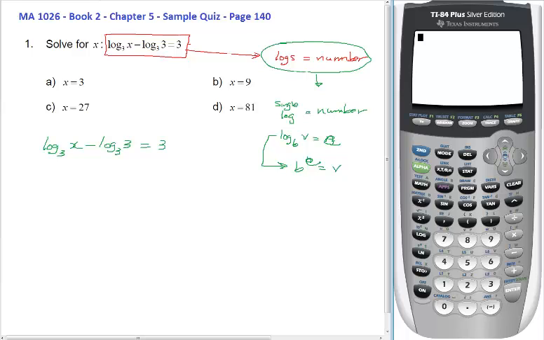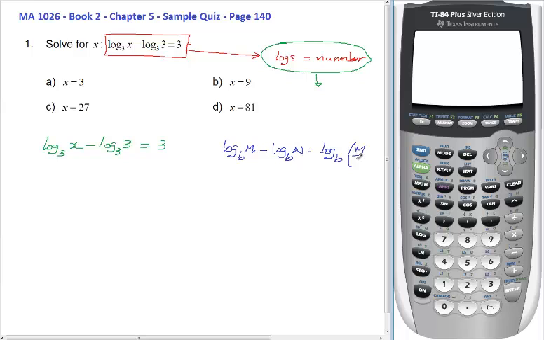Alright, let me just get rid of that. First step here is going to be what? Do you see the first step? Well, we have a quotient rule. When we see subtraction of logs, we can bring it together as division. If I have log base b of m minus log base b of n, that's the same as a single log base b of m divided by n.